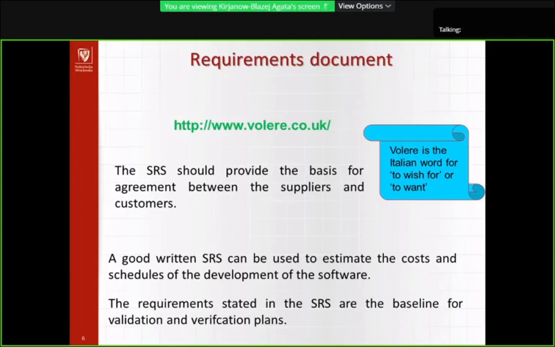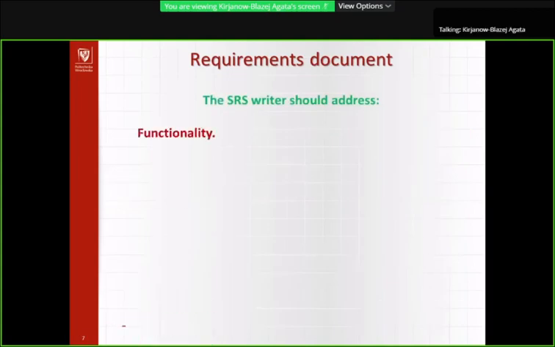The SRS writer should address a few things. Functionality. What is the software supposed to do? External interfaces. How does the software interact with people, the system's hardware, and other software? Performance.